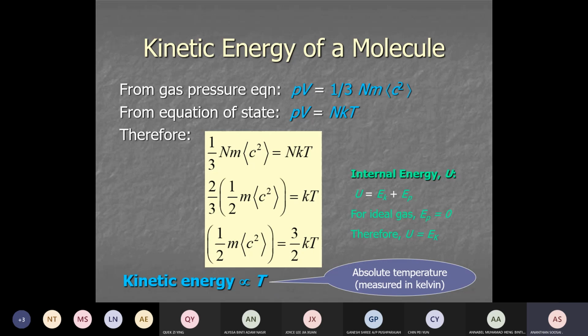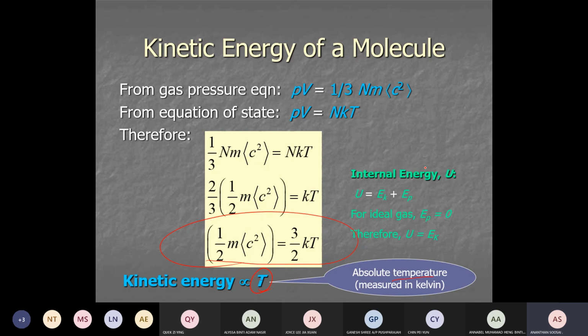This equation is the proof. And this temperature is called thermodynamic temperature, or absolute temperature, measured in Kelvin.